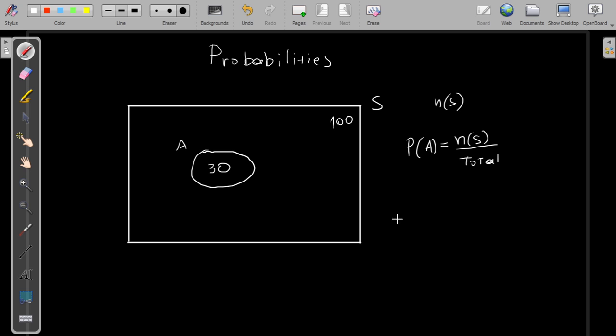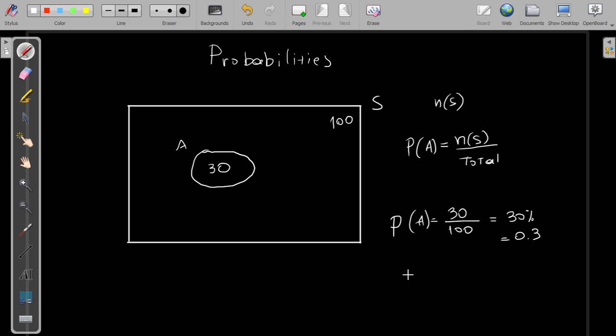So basically, the probability of A, in simple words, provided that of course every element is equally likely to be selected, the probability that this element belongs to A is 30 over how many I have, all of them, 100, which is basically 30%, or I can say 0.3.